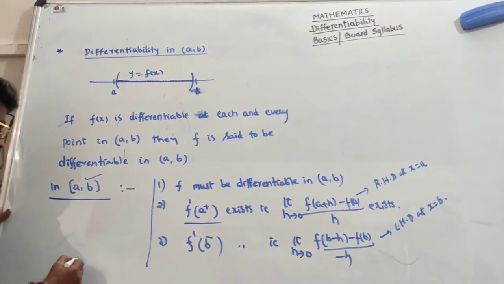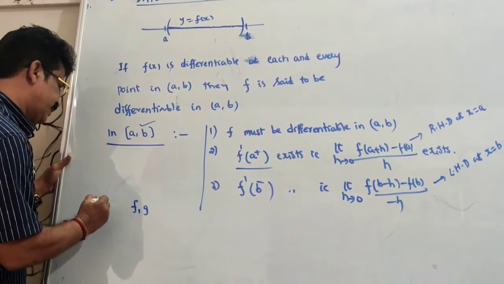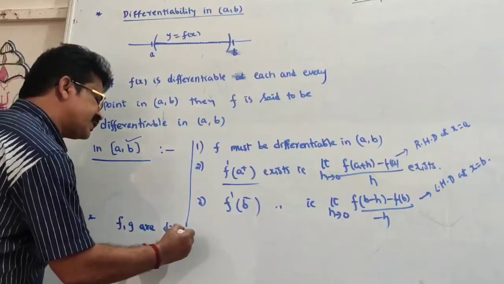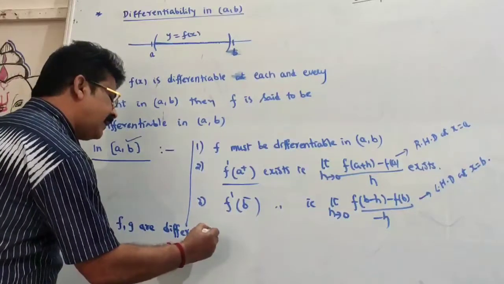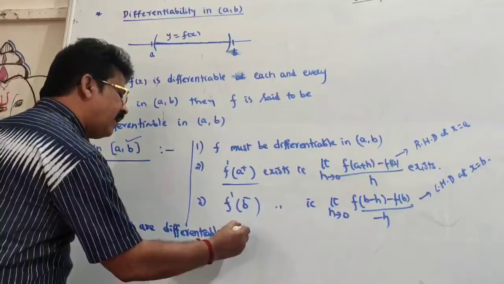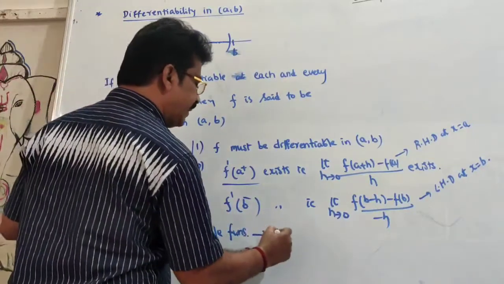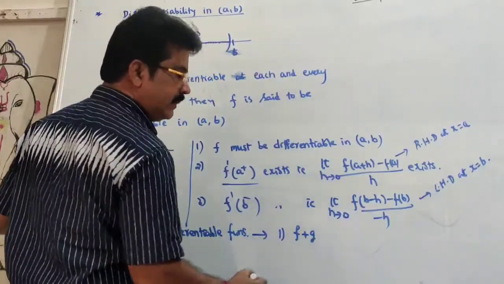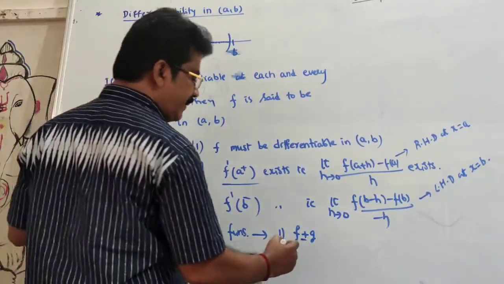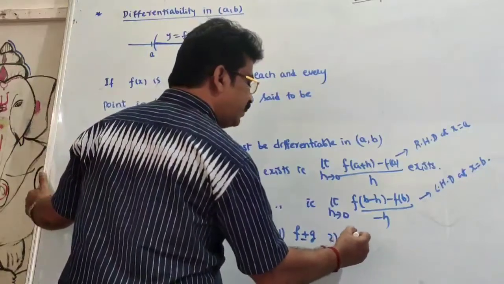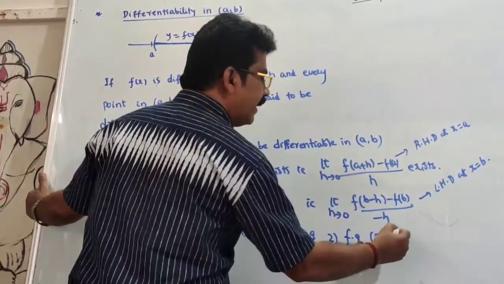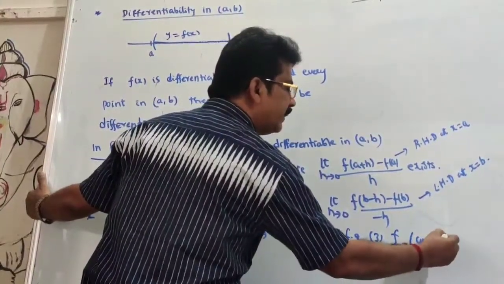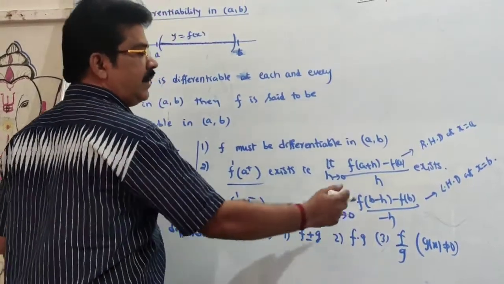Later, one trivial proof, if f comma g are differentiable functions, then number one, f of x plus g of x and f of x minus g of x. Number 2, f into g of x. Number 3, f divided by g, means g of x, of course, is not equal to 0 for all x.